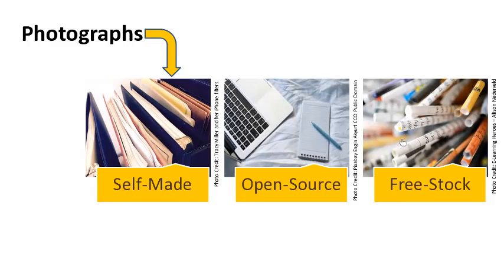This particular open source image that I found was designated as part of the public domain, so I definitely know that I can use this image in a variety of ways. This third image here is free stock, and you'll be able to find free stock images out there that you can download. This particular one is from a group called eLearning Heroes.